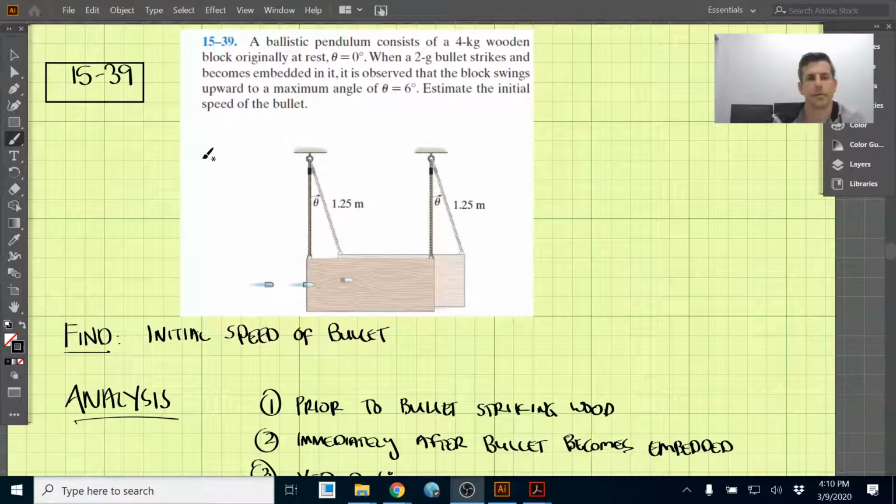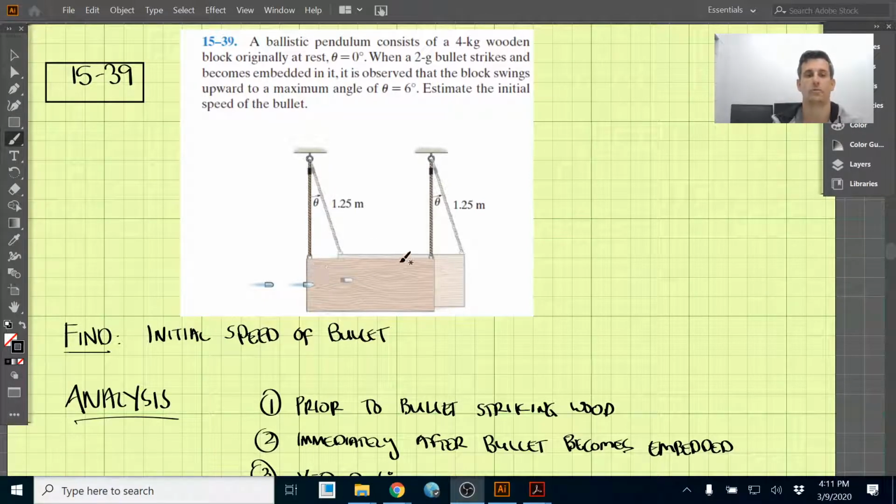Okay, so this is 1539, and this is kind of a cool problem because it combines both the conservation of momentum and the conservation of energy into one single problem. So we have a situation where a 2 gram bullet comes in contact with a piece of wood that is initially at rest, and it becomes embedded in the wood, and some of that energy is then translated to the wood as it becomes embedded, and it swings upwards to an angle of 6 degrees.